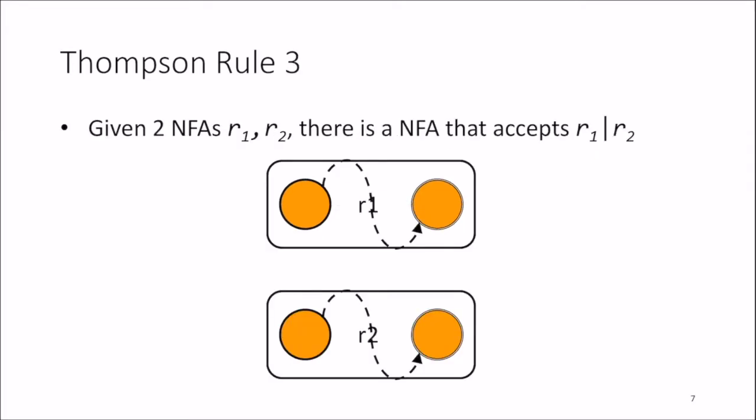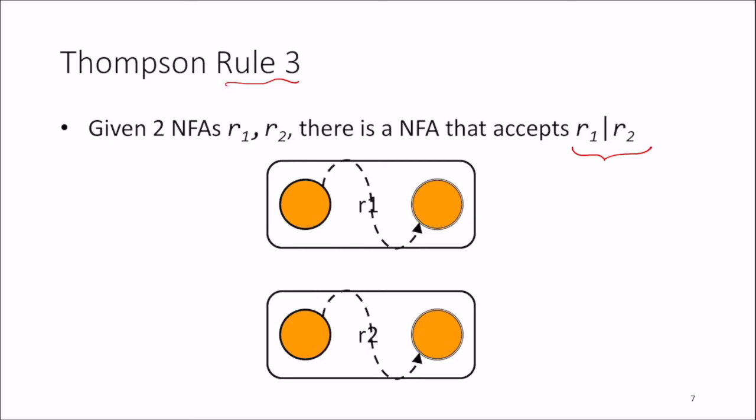Thompson rule number 3 is the one that's sort of more interesting. It starts building up bigger, more complex NFAs based on simpler NFAs. So it's recursively building up larger and larger NFAs. And rule number 3 is about alternation.